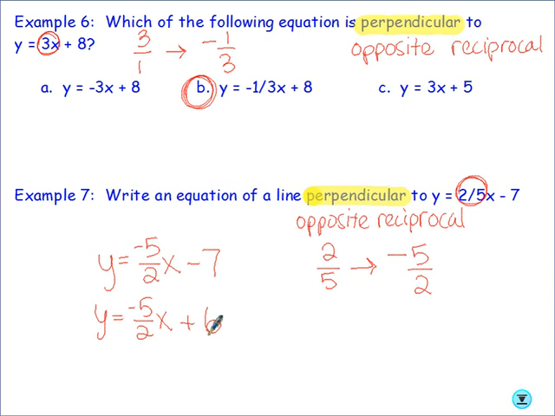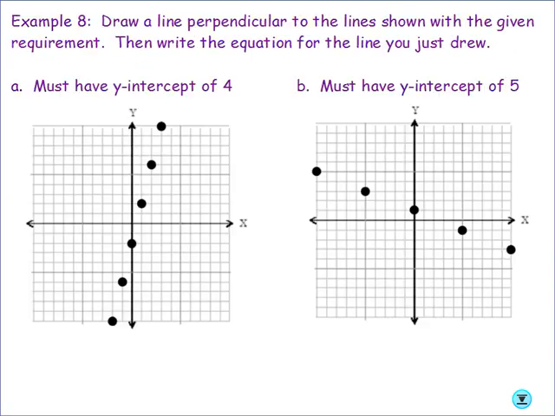Next step is the same pictures we saw before. The only difference between this one and the last time we saw pictures is that our rules are it has to be perpendicular. We still have the y-intercept of 4. We still have a y-intercept of 5. I'm going to save us some time. We already know that the slope of this line is 4 over 1.